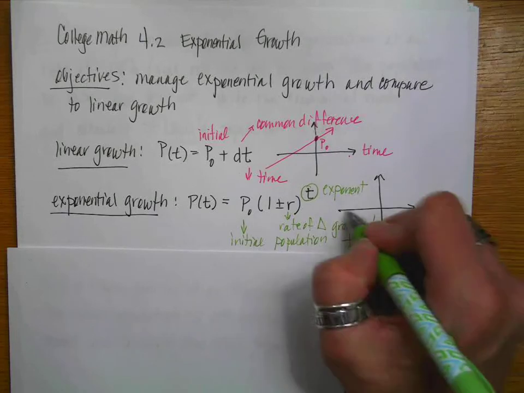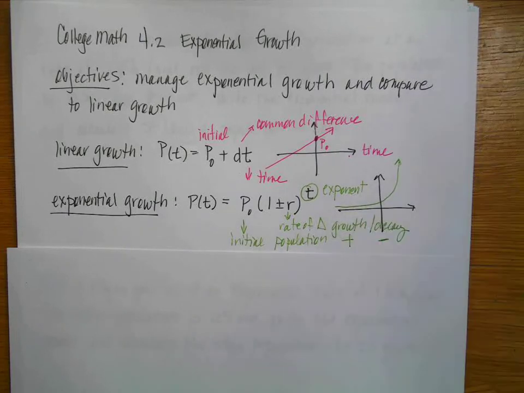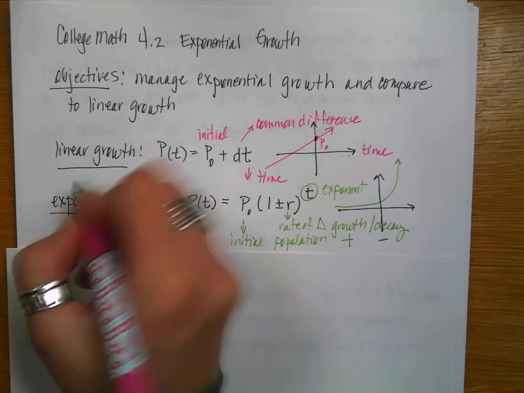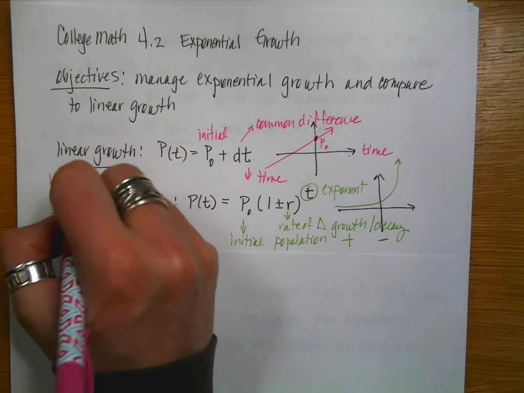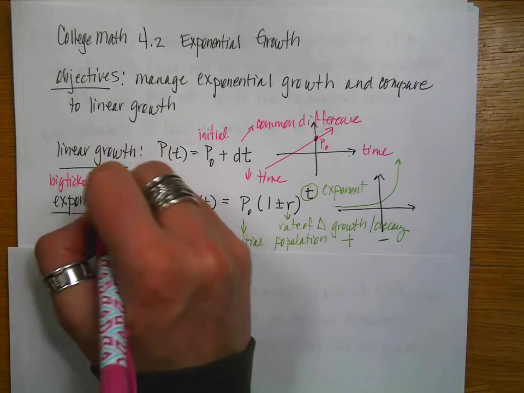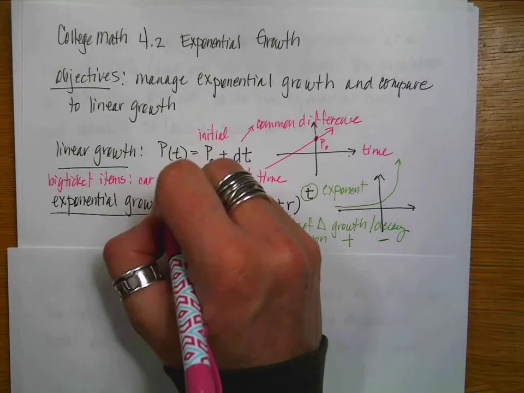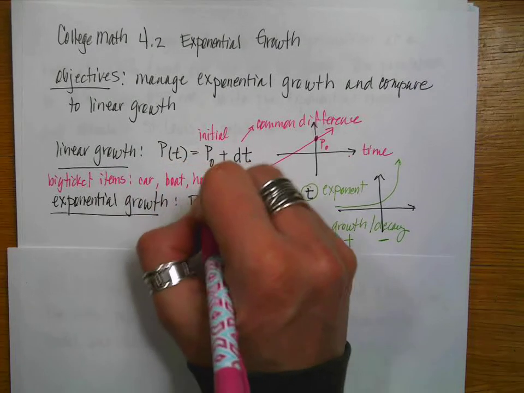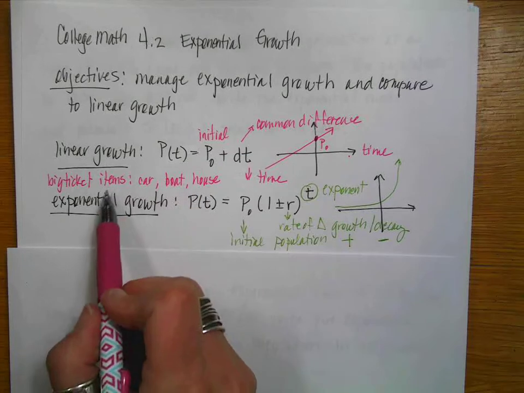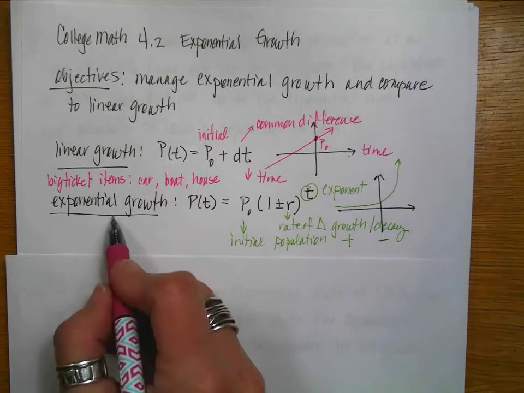And the graph for exponential looks very different. So it looks like this. We've talked about this a little bit in the past, but linear growth could be maybe your big ticket items, like a car, a boat, or a house. Linear growth is something that's going to change by the same amount each year.